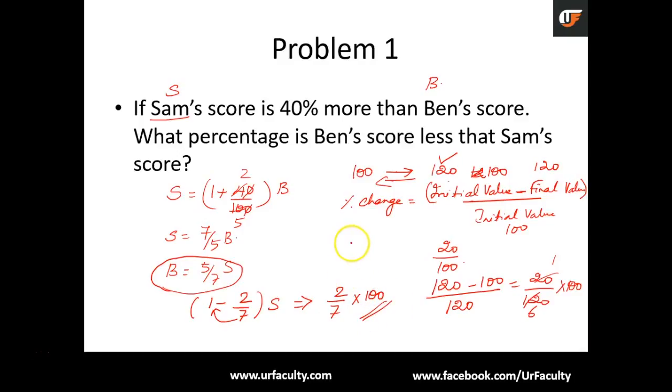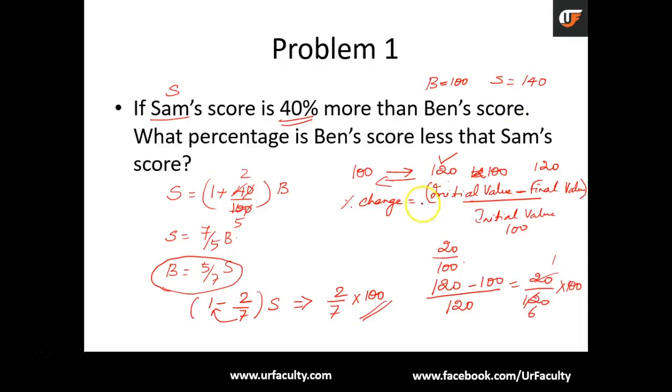Now here is a shortcut way for such problems. Let's assume that Ben's score is 100. If Ben's score is 100 and Sam's score is 40% more than Ben, then Sam's score will be 140.